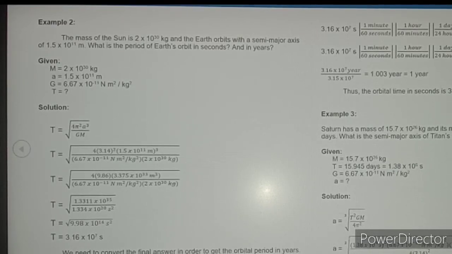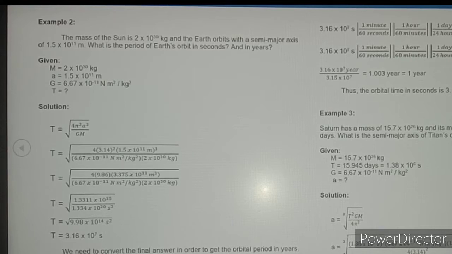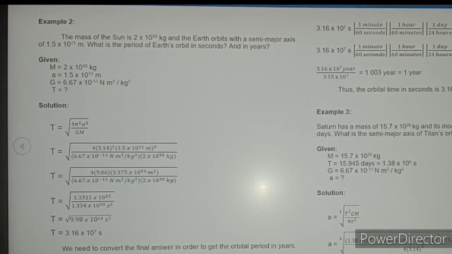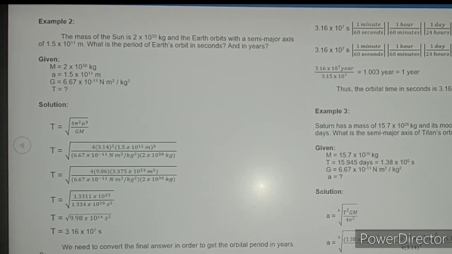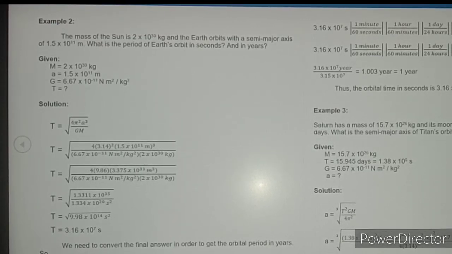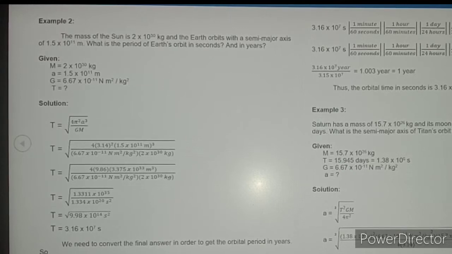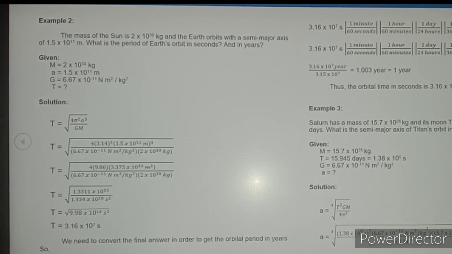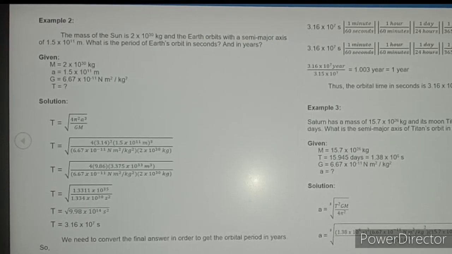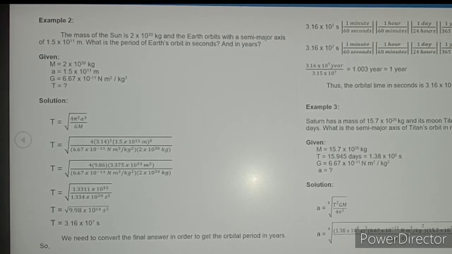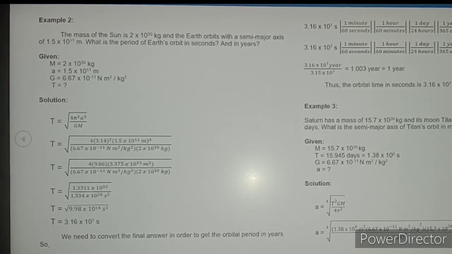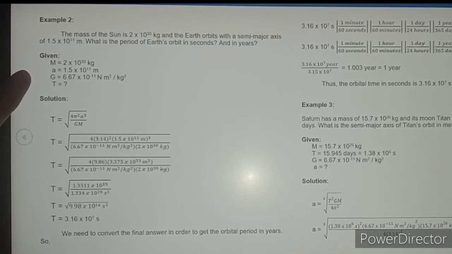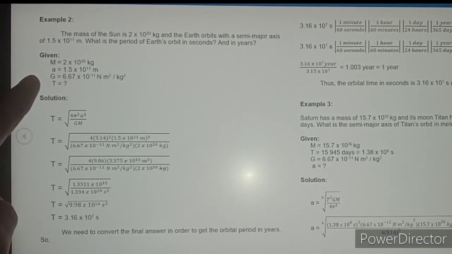So, we have here the given, which are the mass, 2 times 10 raised to 30 kilograms, and the Earth's orbit with a semi-major axis or its radius, 1.5 times 10 raised to 11 meters. And then the universal gravitational constant, which is equal to 6.67 times 10 raised to negative 11 Newton meter squared over kilogram squared.